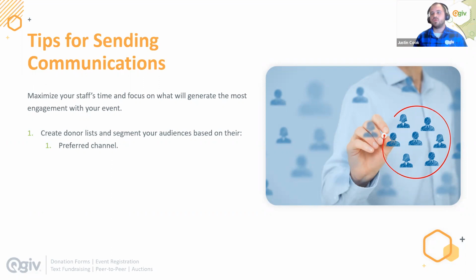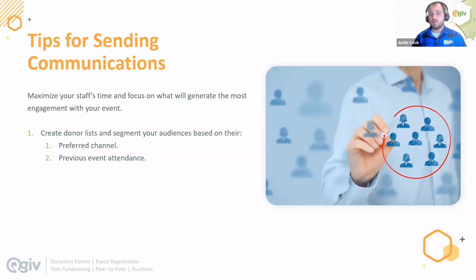We looked at what channels your donors prefer, and then at the specific age groups. So make sure that you're diving into your own donor data, identify your donors' preferred method of communication, and then send your communications through there.